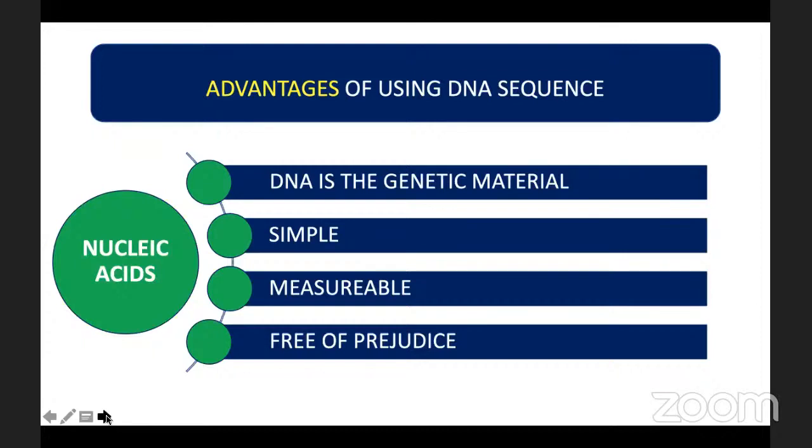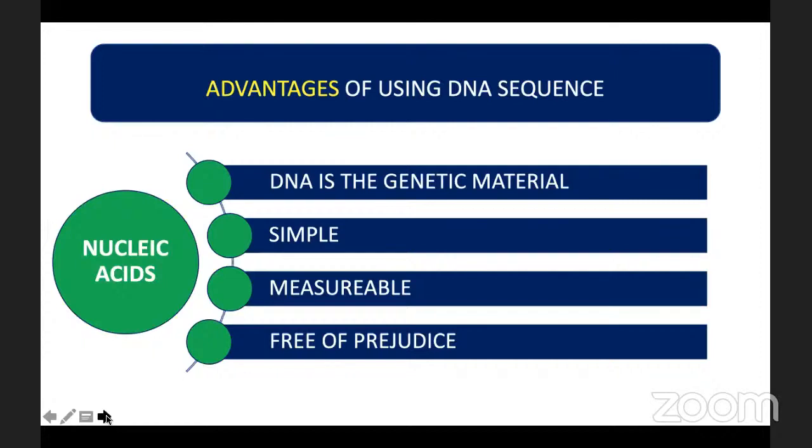The nucleotide bases are essentially represented by only four characters: A, T, G, and C, which makes it very simple in terms of measuring or comparing the number of similar or different base composition in one DNA molecule between one species to another.